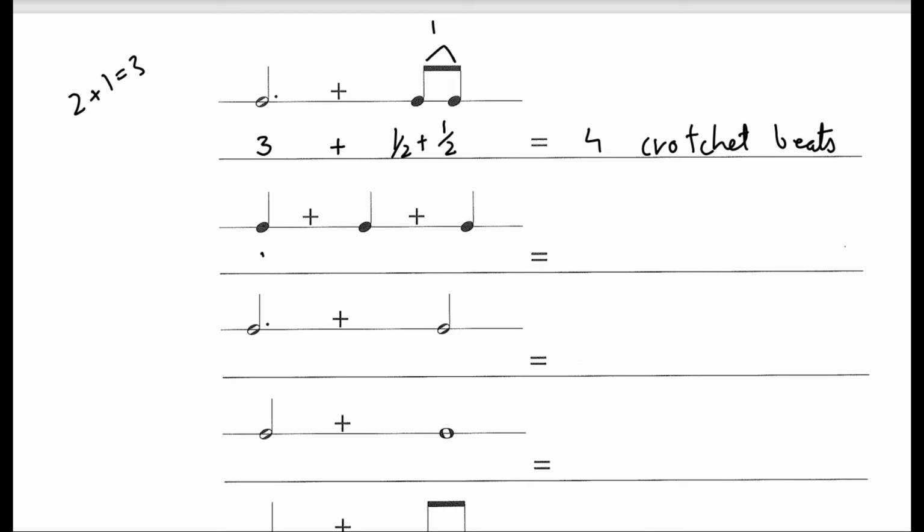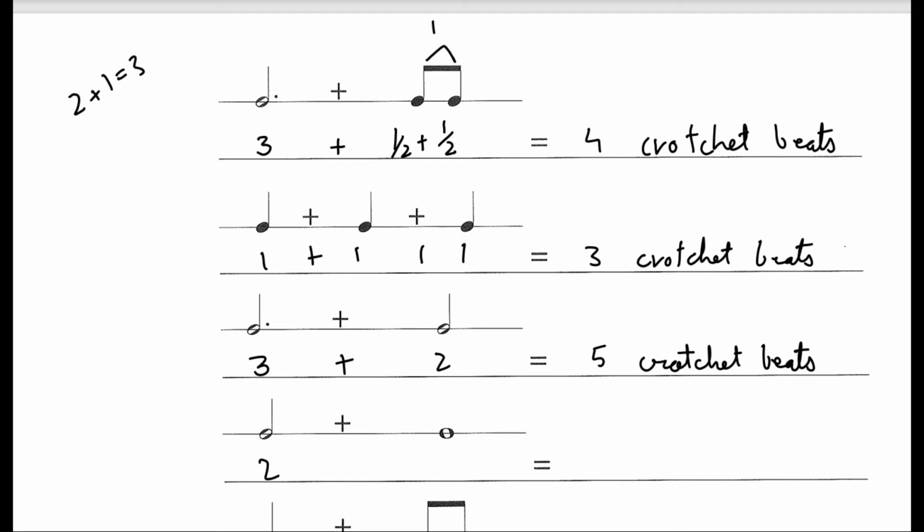Okay, so there are 3. 1 plus 1 plus 1 makes here 3 crotchet beats. Next again 3 dotted minim. 3 plus 2 makes 5 crotchet beats.